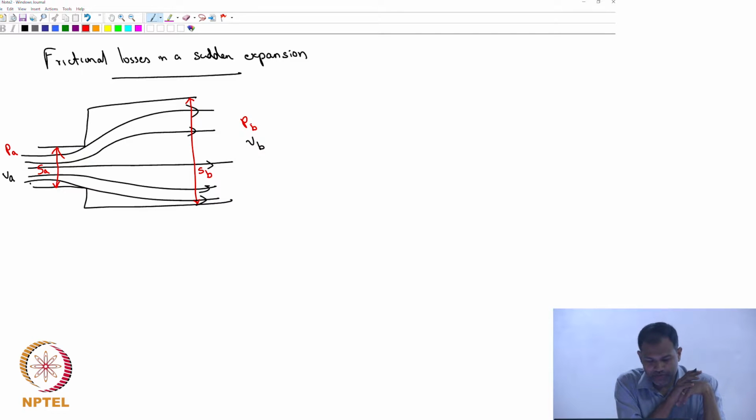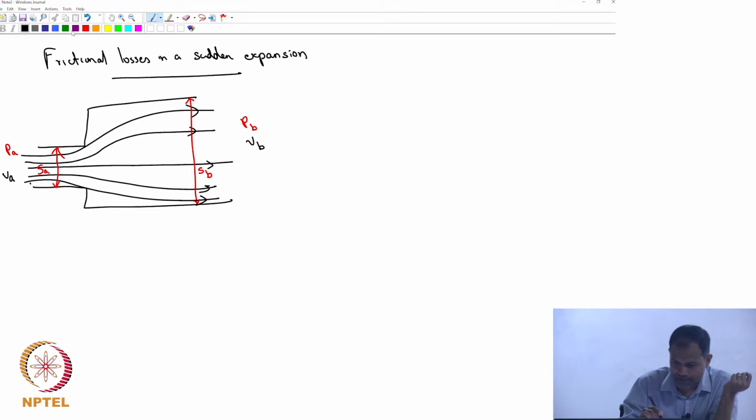And we want to calculate what might be the losses associated with it. Dealing with differential equations in this case is not going to be useful because you can't do any simplifications. The flow is very complicated, so we can do an integral approach. So that's what we will do.